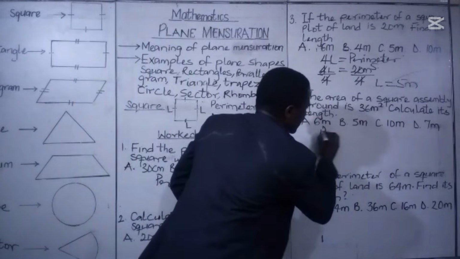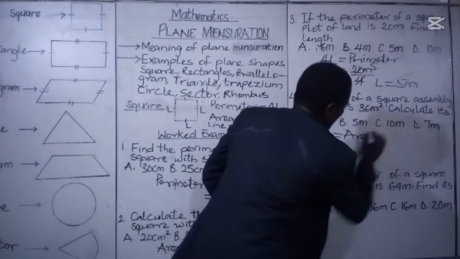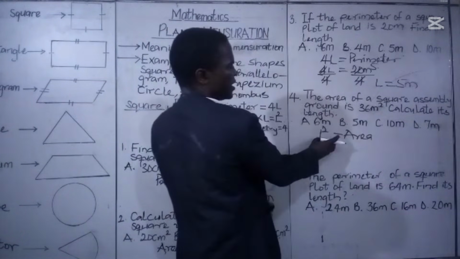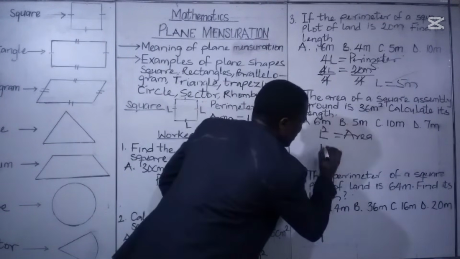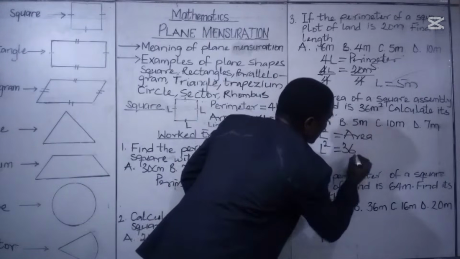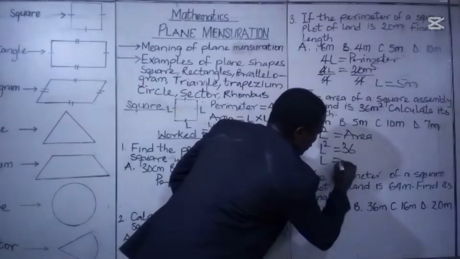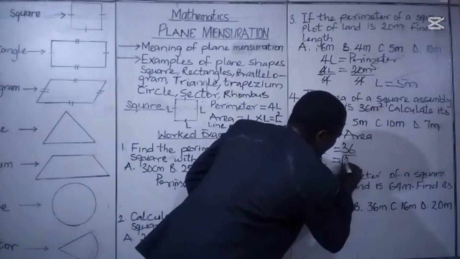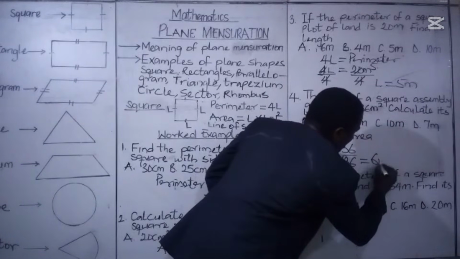L squared is equal to the area. The area of a square is L squared. That means L squared will be equal to 36, and L will now be equal to the square root of 36, and that's going to give us 6 meters.